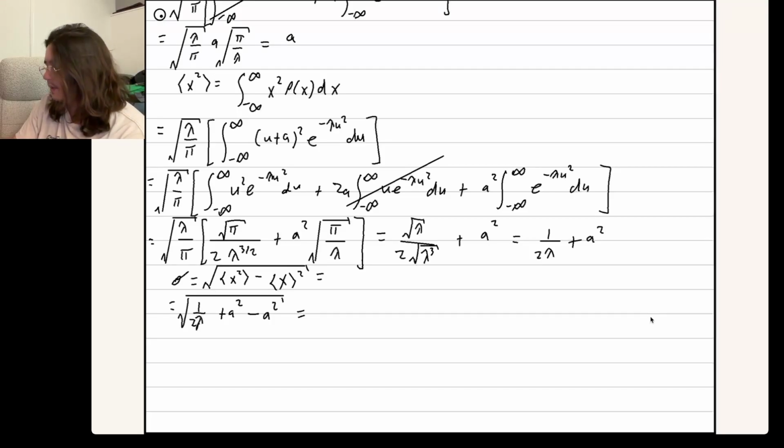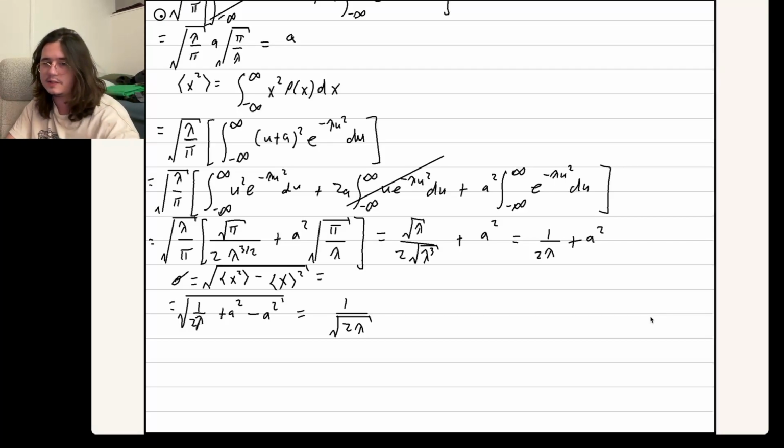Those a squareds will cancel out and you'll get just 1 over root 2 lambda. Lovely job. Okay, so that's everything that you needed to find for the problem analytically taken care of.